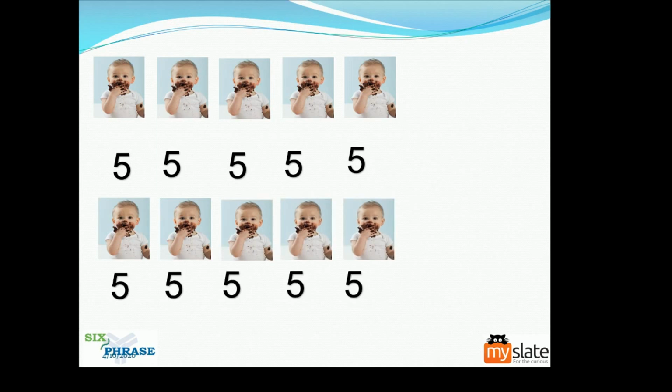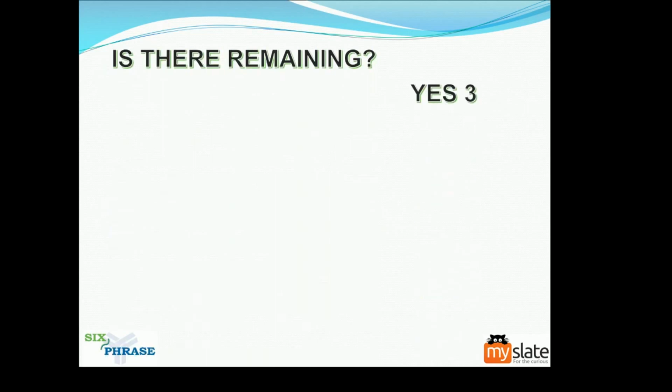A total of 50 chocolates would be distributed. Out of the 53 that you have in your hands, 50 chocolates would have been distributed. Now, will you have any chocolates remaining in your hands? Of course, yes. You had 53. You gave away 50. So what do you have? You have 3 left, right?